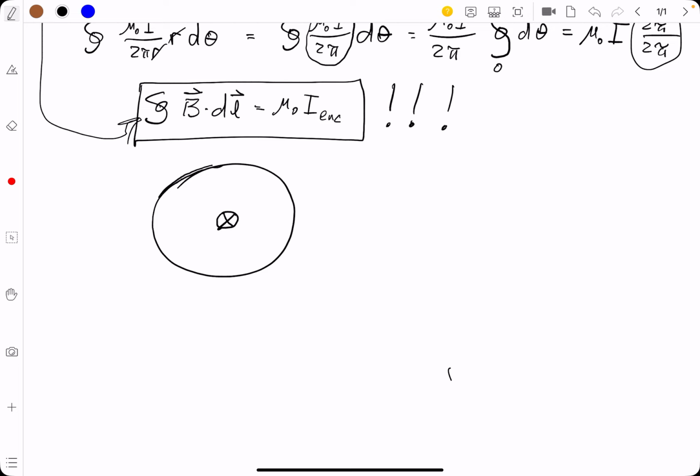So we've got current going into the page, but this whole thing is a solid wire, okay? So the whole thing's a solid wire with total current of I, all right? No, it isn't. I'm not there yet. I'm jumping ahead.